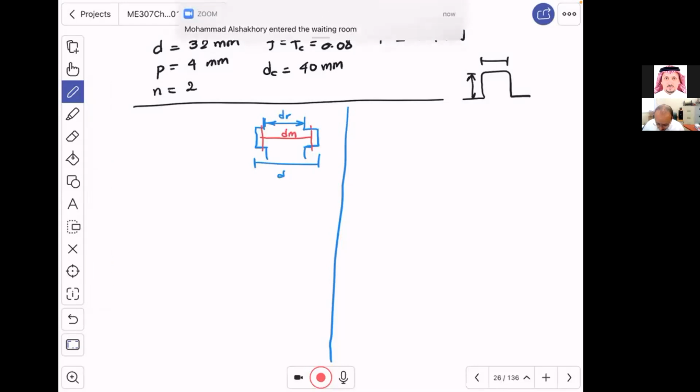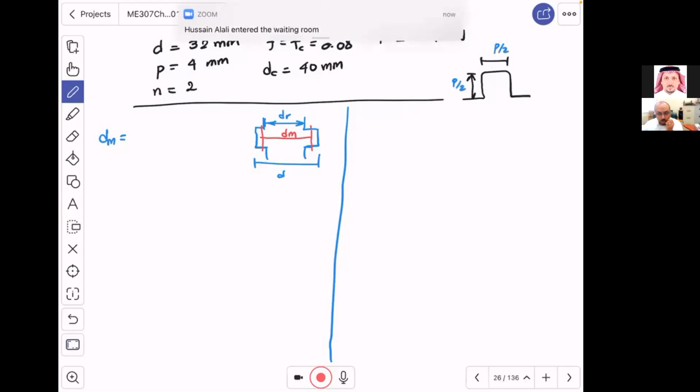What do we have? We have dm, which is equal to what? Now, if you recall from the diagram that we showed you about how the thread is being cut, this is P over 2, and this one is also P over 2.